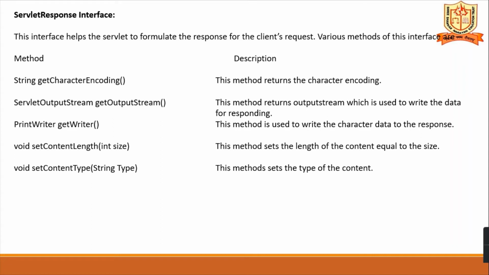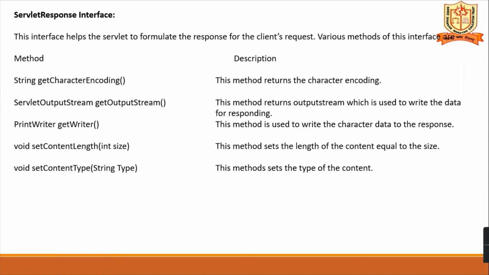See, PrintWriter. The PrintWriter object is used to write the output on the web browser. So far you have studied in core Java that when you want to print something, you use System.out.println. System.out.println is used to print on the console.